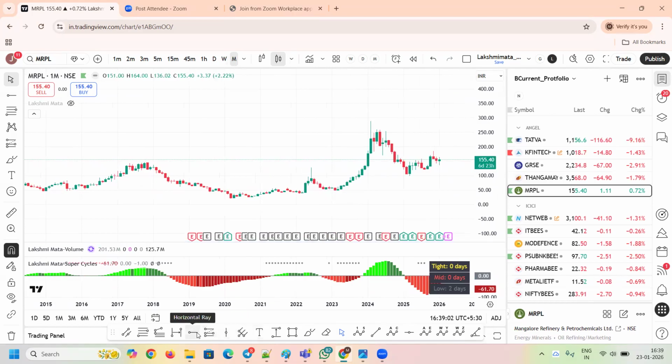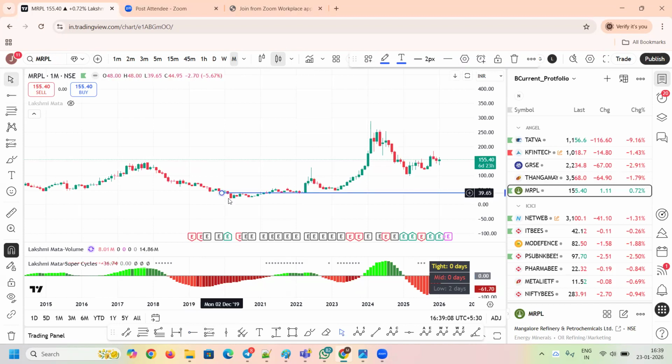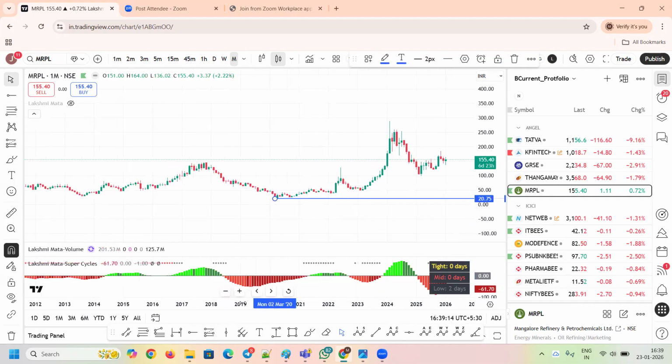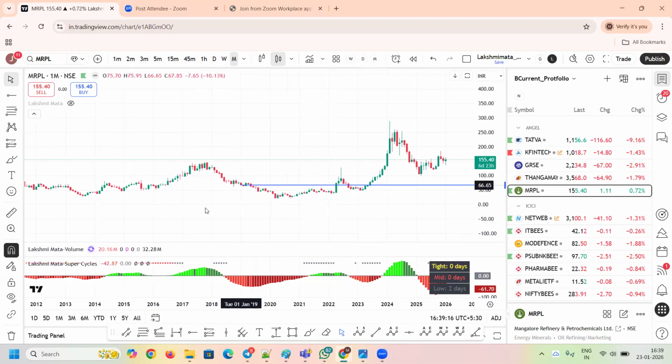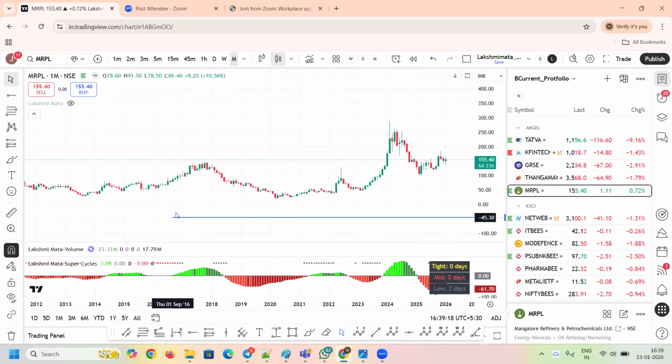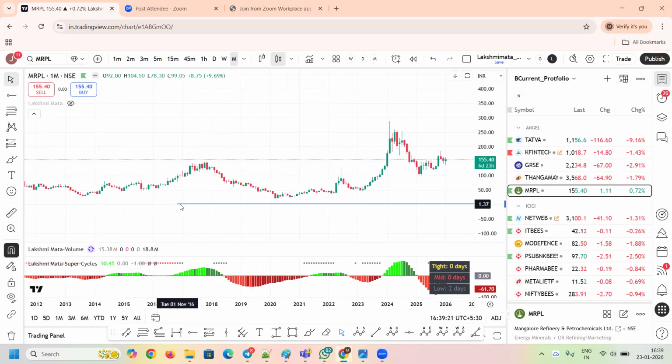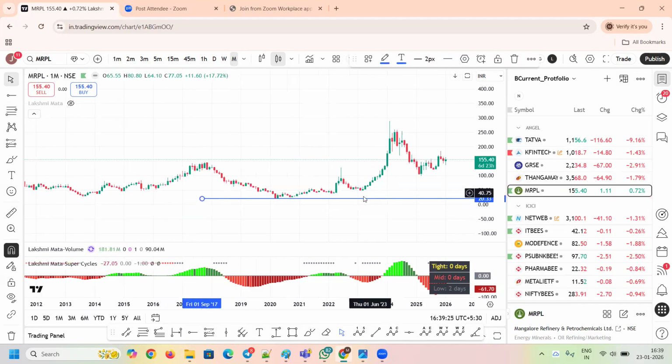Now here I will find some points where the stock is struggling to move down below that point. Can you see this? The stock never moved below this limit, so I will call this support.